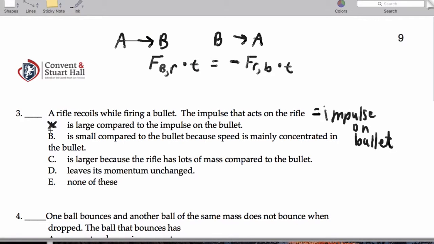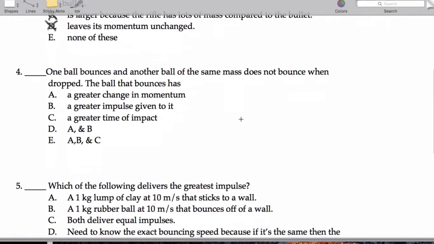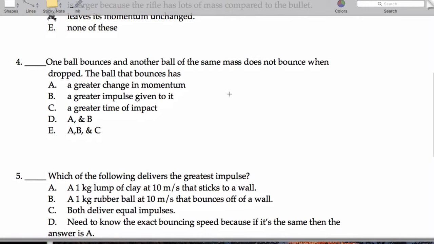Nope. Is small compared? Is larger compared? Leaves the momentum unchanged? No. Momentum may be conserved, but that doesn't mean it doesn't change. So the answer, strangely, because we almost never have this as the answer, is E, none of these.